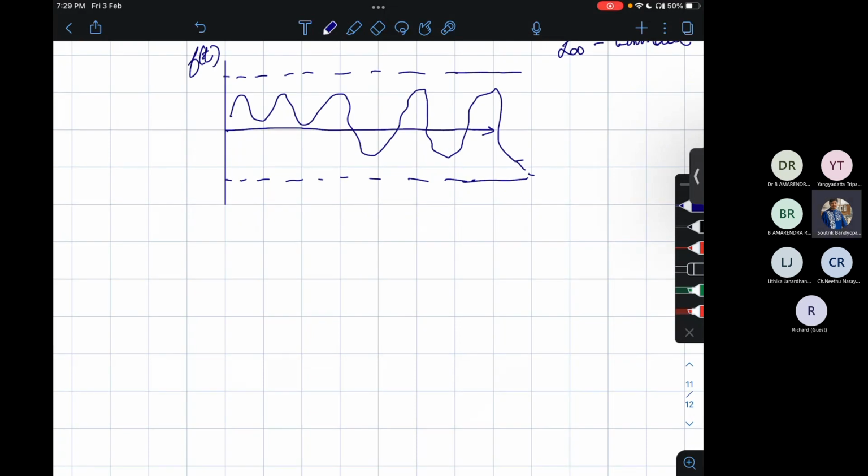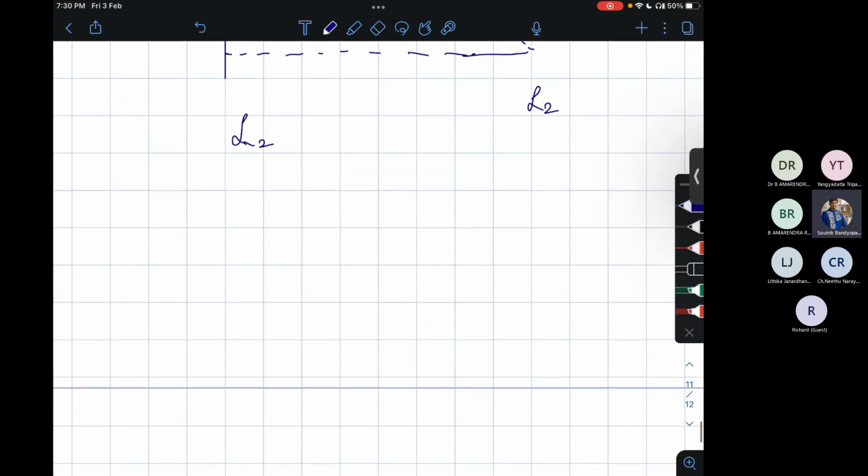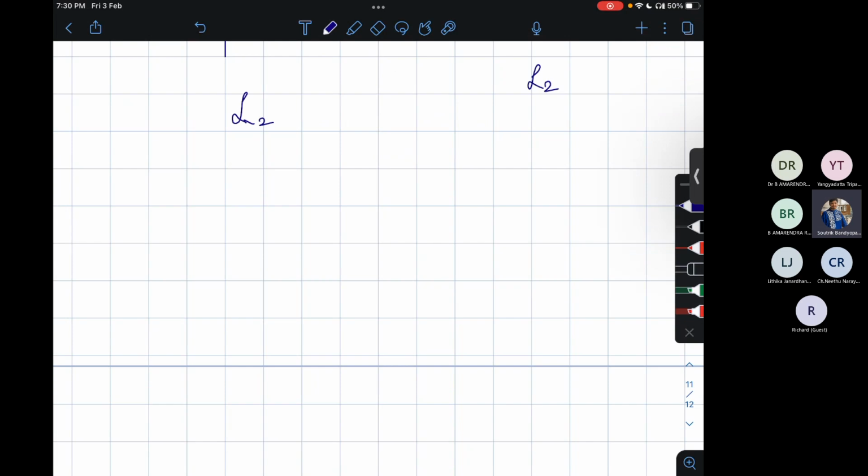Now, what does it mean to be L2? L2 implies that the magnitude of this function, the square energy of this function, is bounded. What do I mean by energy? So suppose there exists a function that is not L2.